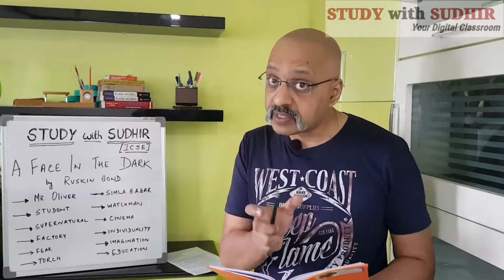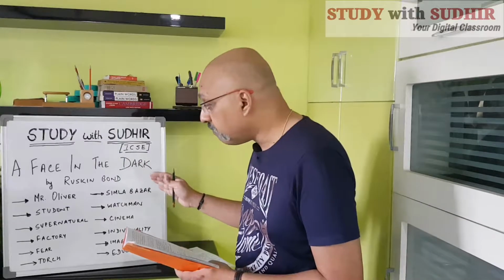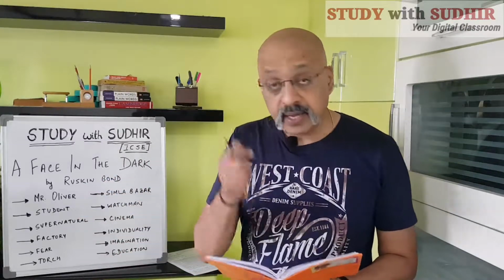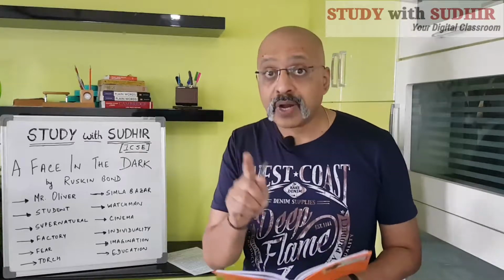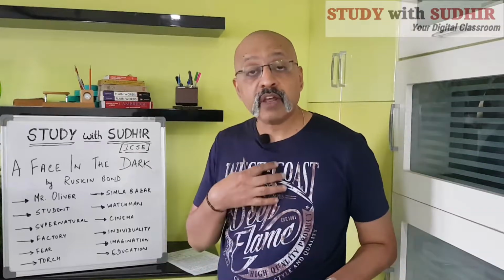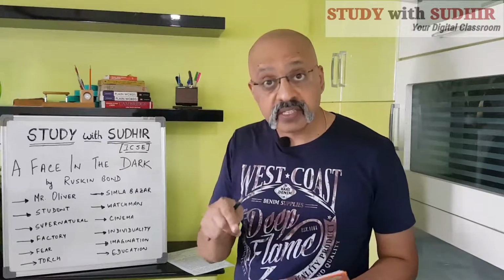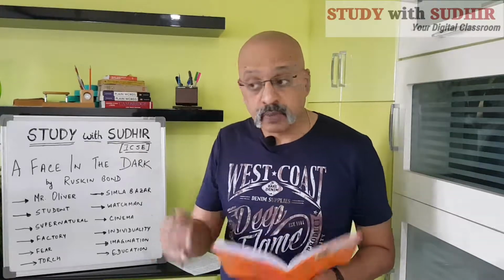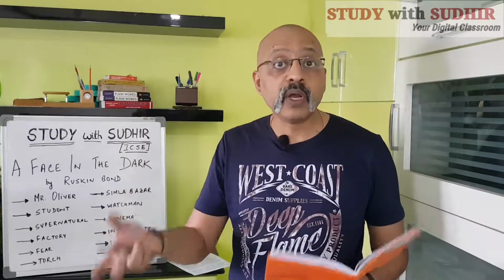Now there is a twist here. Ruskin Bond, in a very, very smart manner, is preparing you for what is likely to happen. He carried a torch, which should ideally give you a very, very bright gleam. But in this case, that particular evening, the batteries were running down, which means that the gleam was not very strong.